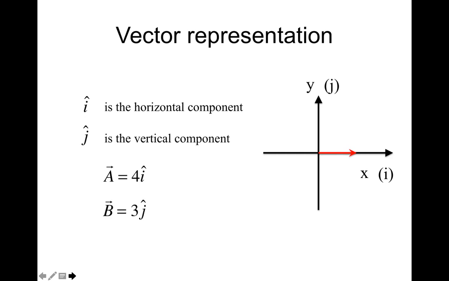And if I want to draw 3 j hat, what do I do? 3 units in the y direction, right? So 3 j hat. And when you add these 2 vectors together, you get a third vector, that's 4 i hat plus 3 j hat.